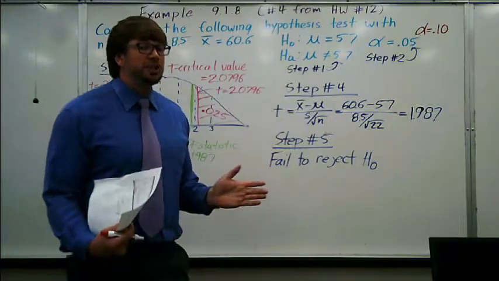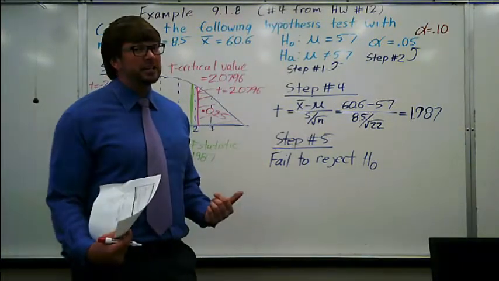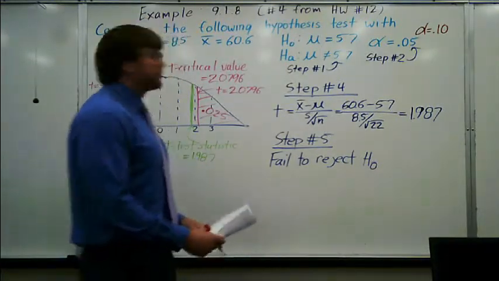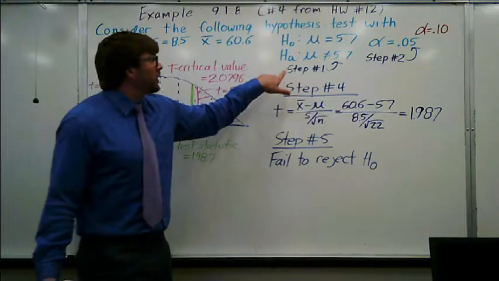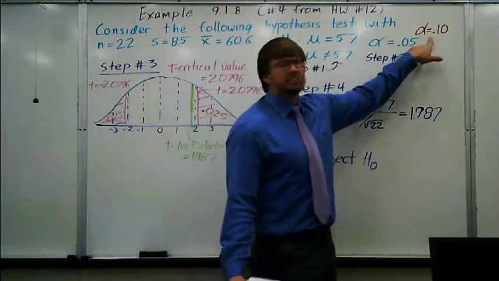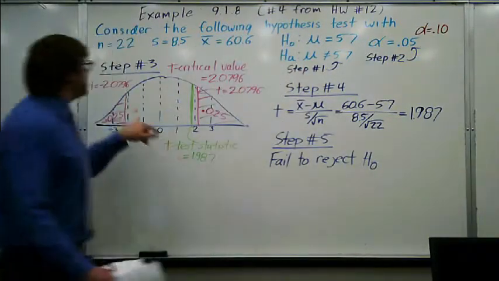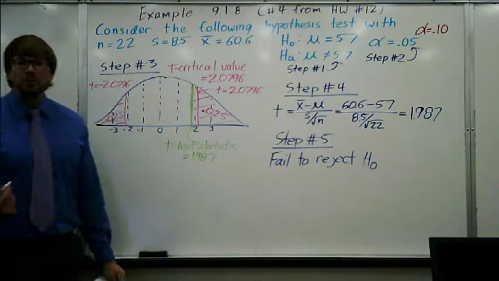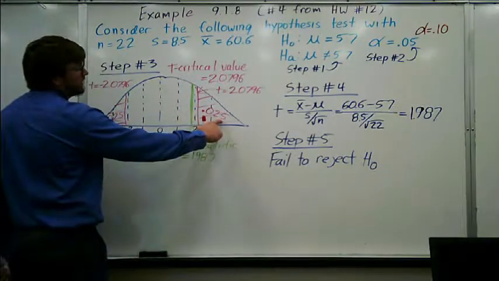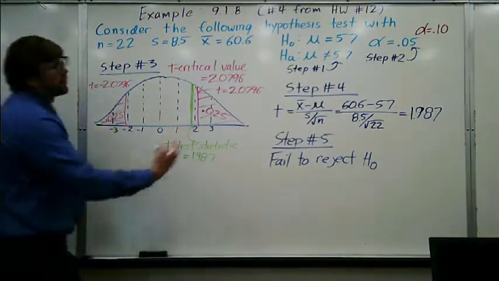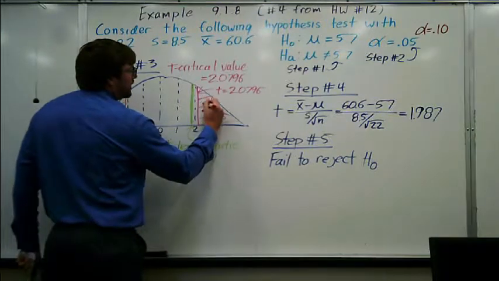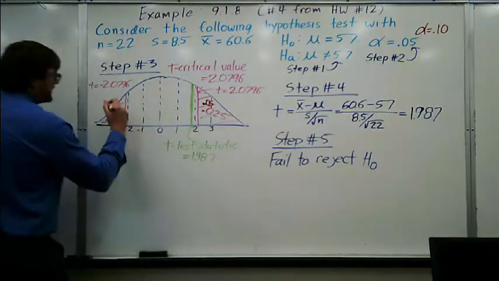So since I'm going to be less sure that I'm making the correct decision, it might change the results, right? So let's go through the steps again. Of course, step number 1, the hypotheses, same thing. Step number 2, now we have a different significance level. Now, step number 3, where we identify the critical values, instead of having 0.025 in each of the tails, we're going to have half of 0.1, or 0.05 in each of the tails.